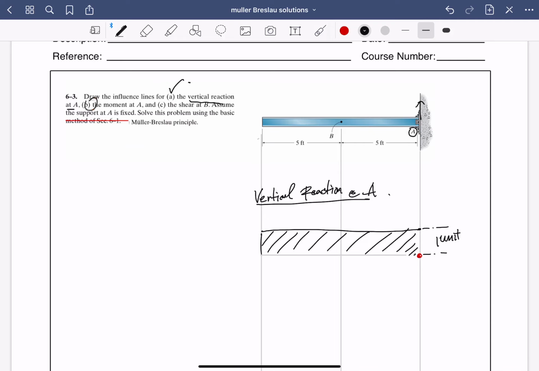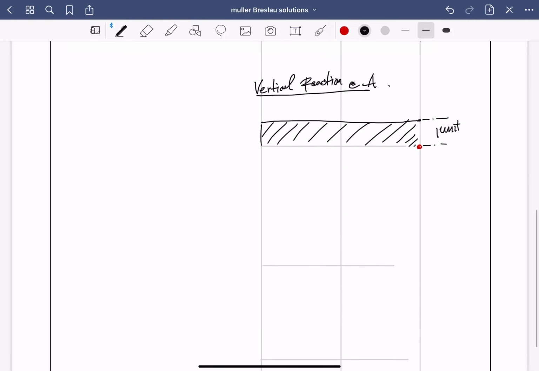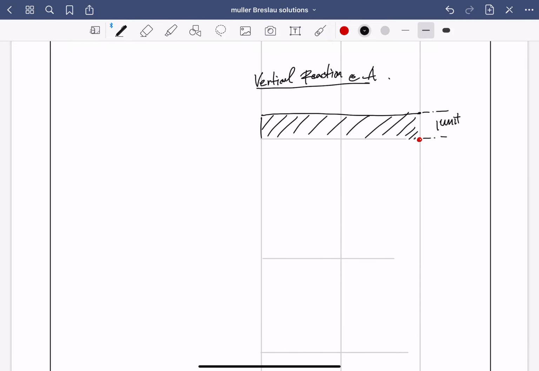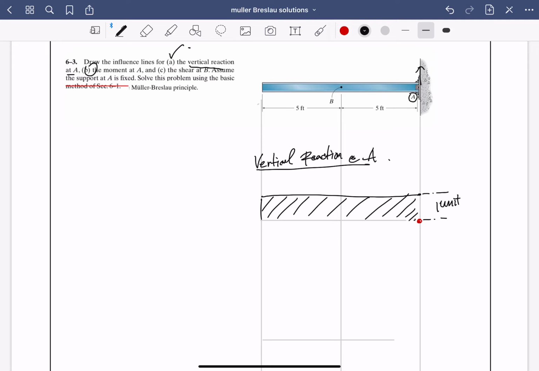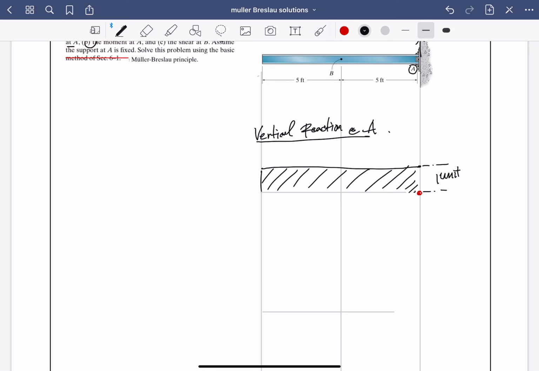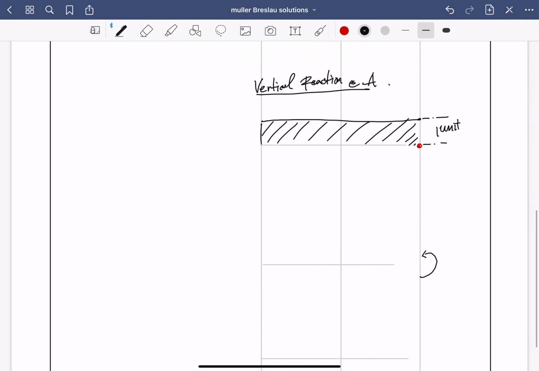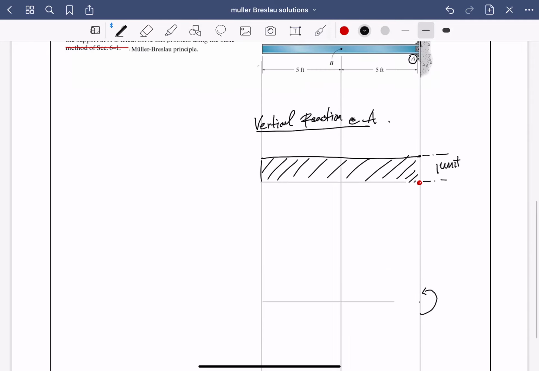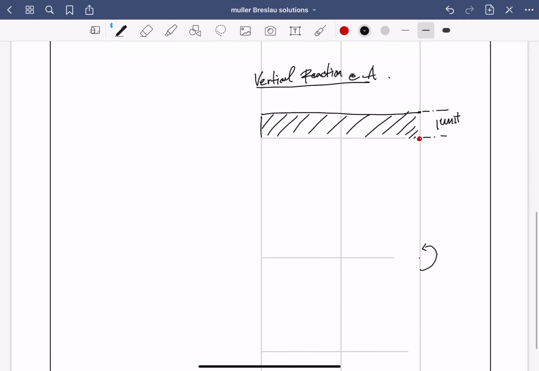Moment at A. So we apply a kind of a positive moment this way. And so essentially we're applying a moment and we're applying this rotation right at that point.